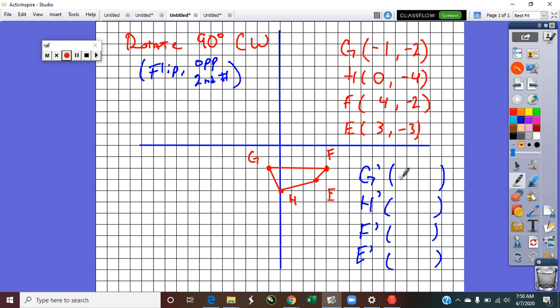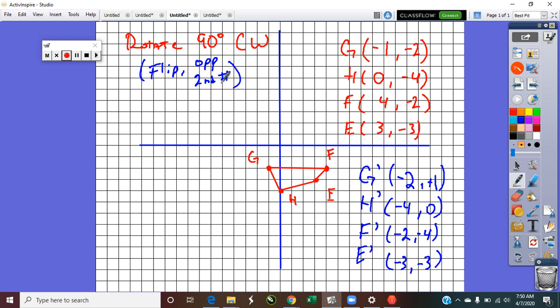So I have -2, -1, but my second is going to be the opposite. So this is no longer a -1, this is a +1. My new H, I'm going to flip them, so -4, 0. Now, can I have an opposite of 0? No, so it's just going to stay 0. My new F is going to be -2, 4, but that second one is going to be opposite, so the 4 now becomes a -4. And then my last point is -3, 3, but that second point is going to be opposite, so I'm going to make that a negative.